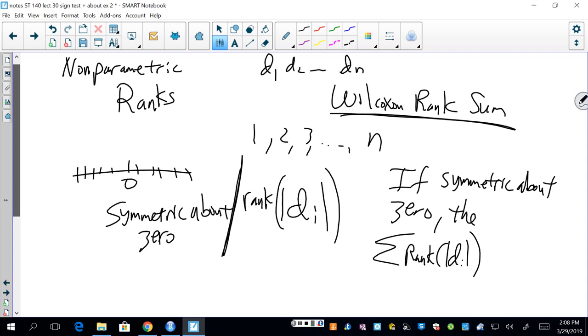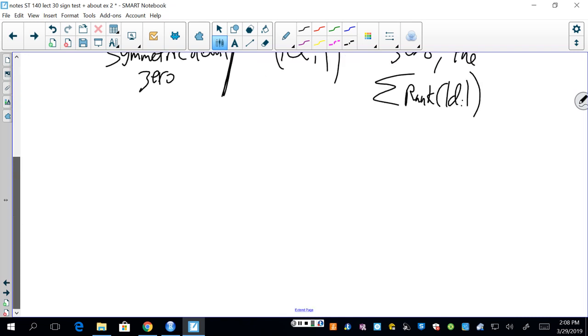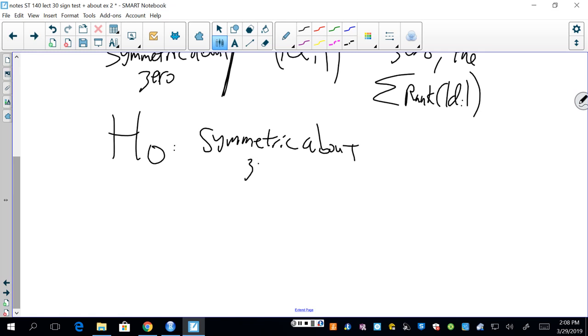Get a test statistic and a p-value for testing. Is it symmetric or not, right? So I test the hypothesis: are they symmetric about 0, versus an alternative, not symmetric.